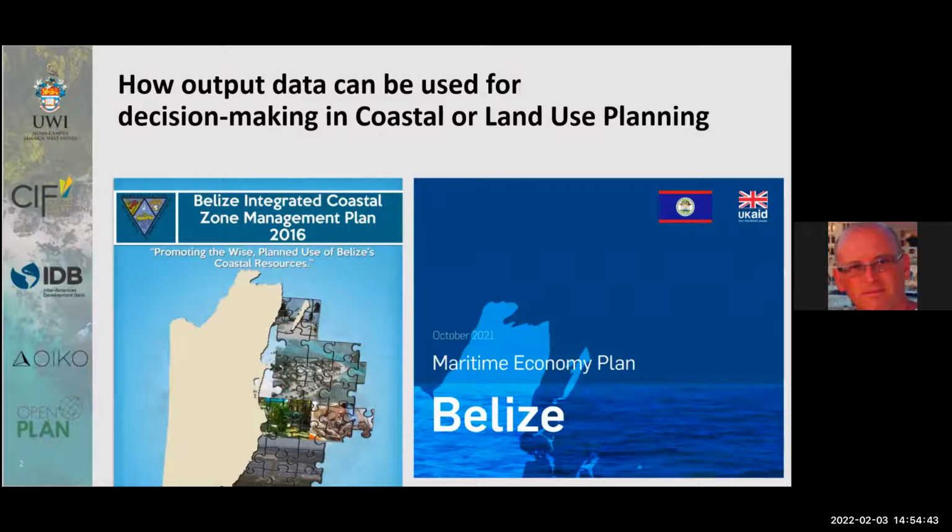But to the right-hand side, you'll see that Belize is also moving into what's called maritime economy planning, and a document with UK-funded money has been established to determine how its blue economy should be framed. And they have been using a lot of the information from the INVEST model to formulate its pillars of success.